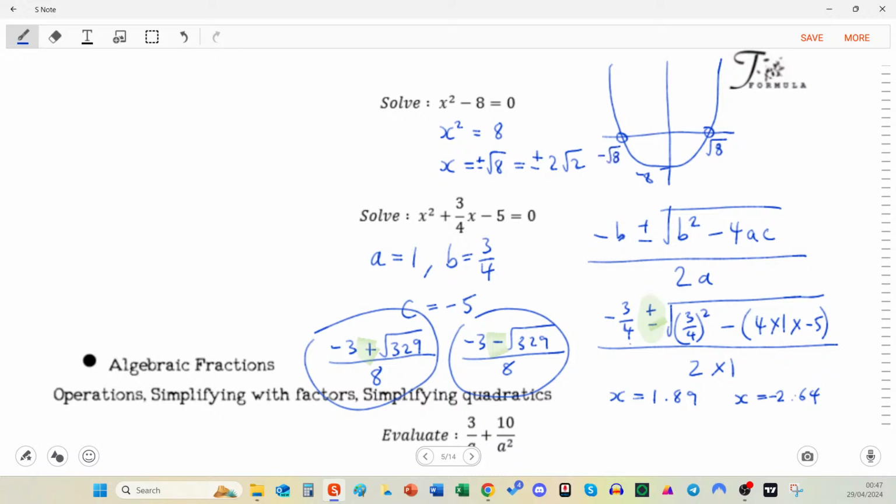So you've got those two. Now, if this happened to be a real life situation, like you were trying to find the side of a shape, then it can't be the negative one. But in a pure way, it has two.